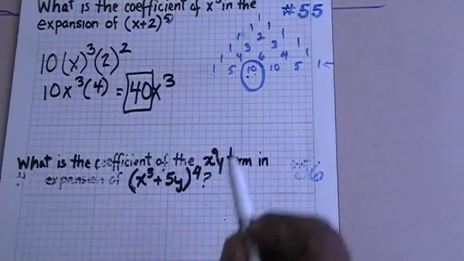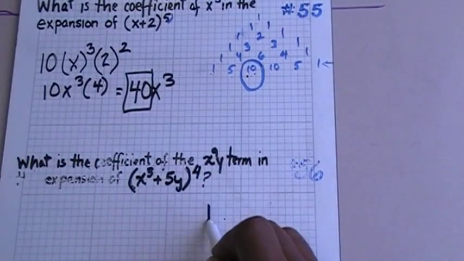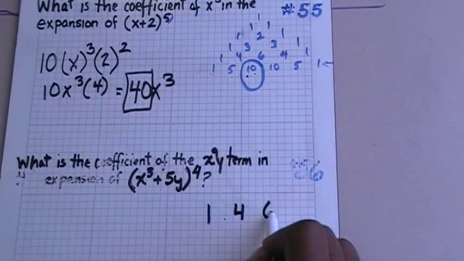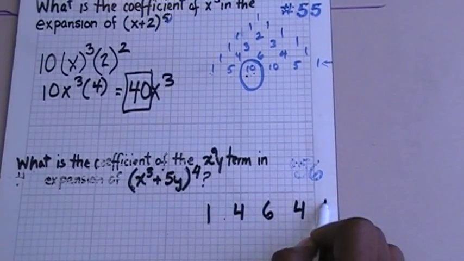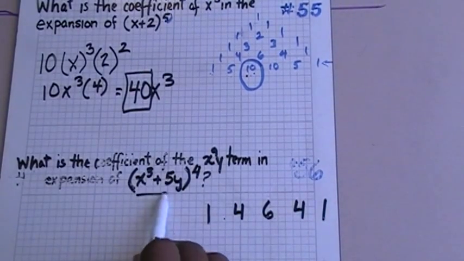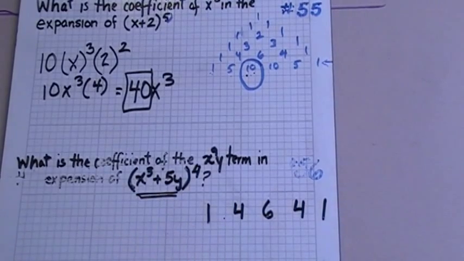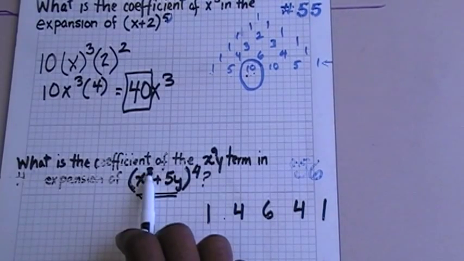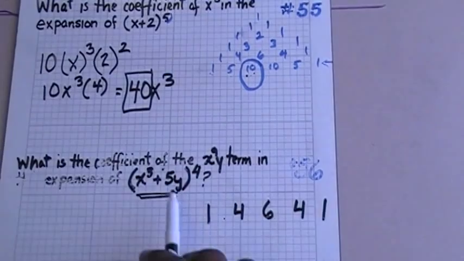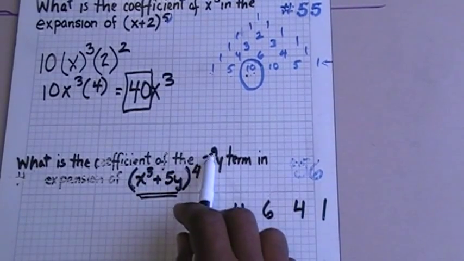So once again, let's take that line. We got 1, 4, 6, 4, 1. Now, this is a little complicated. I would hate to have you do this one on the final, but you don't have to. We just got to figure out this cube and this x to the ninth. How would we get x cubed and x to the ninth?